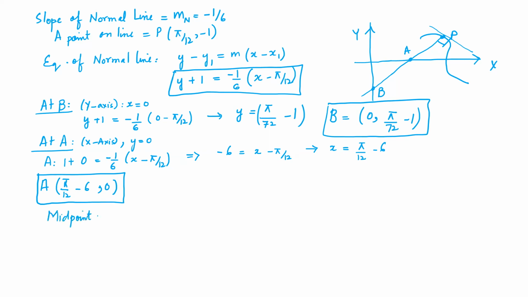So now I have to find the midpoint of AB. Midpoint of AB is x1 plus x2 over 2, similarly, y1 plus y2 over 2.